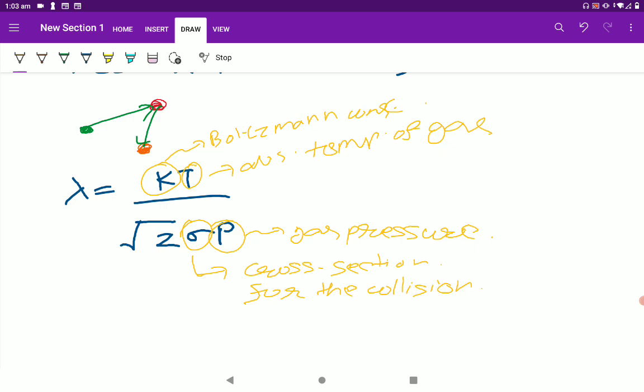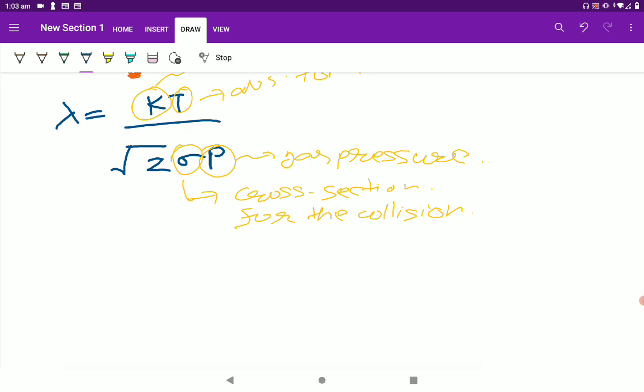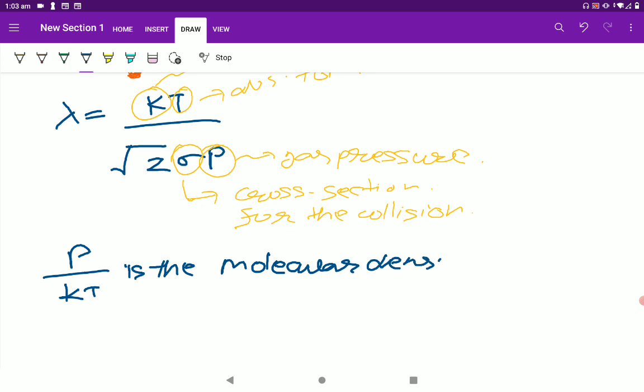So according to the state of ideal gases, p by kT is the molecular density of our gas.